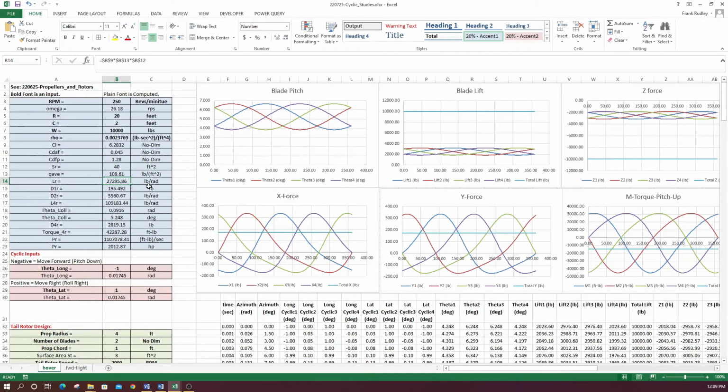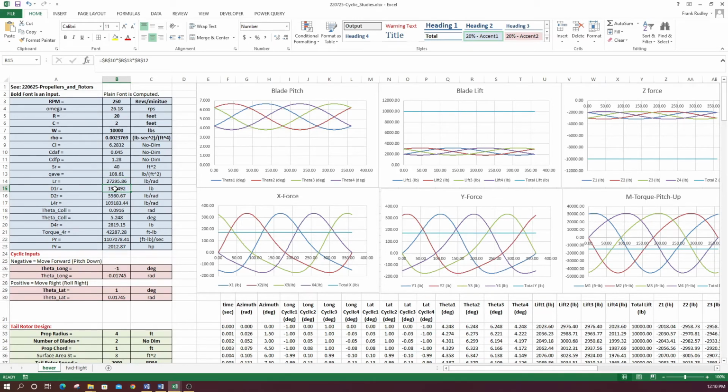We had an equation for that also that we showed. It's basically just the coefficient of lift times this average dynamic pressure times the surface area, the 40 square feet of the blade. So this is for one blade.